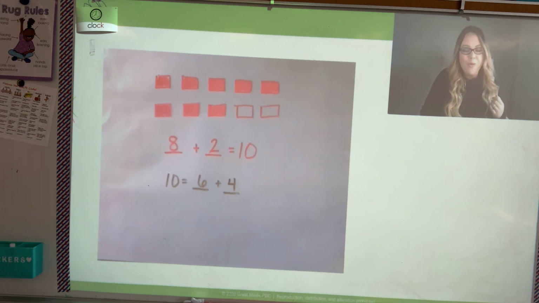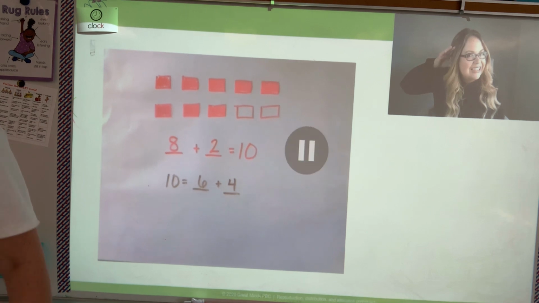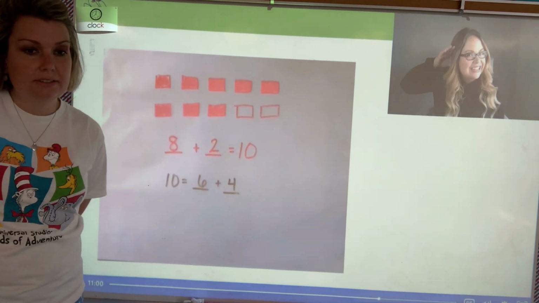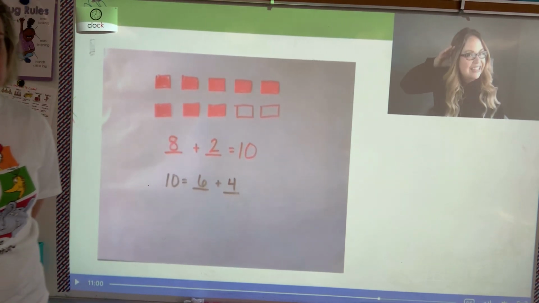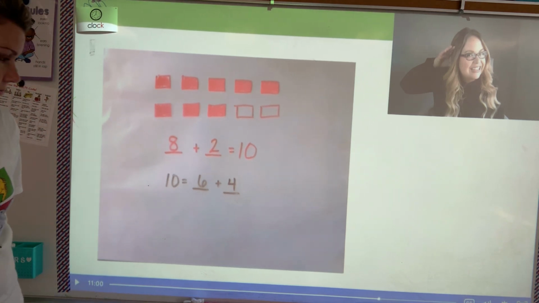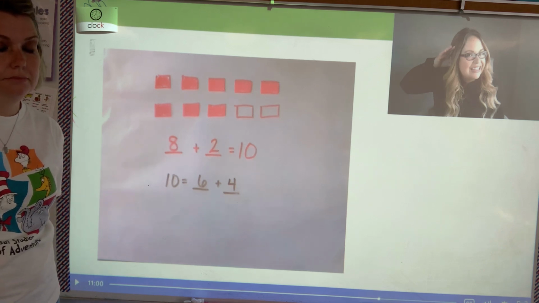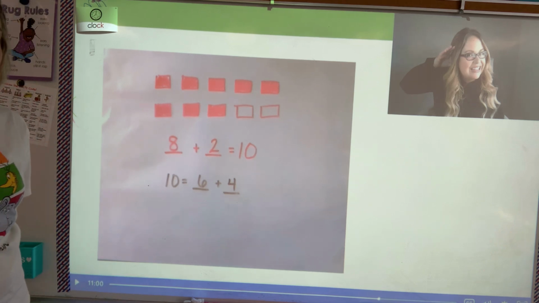Well, why are they both correct? Oh, why are they both correct? Anya? Because the two parts, each number sentence adds up to make 10. Right.